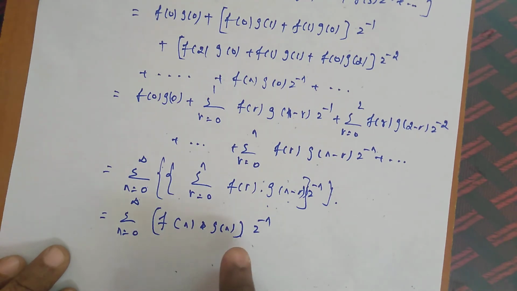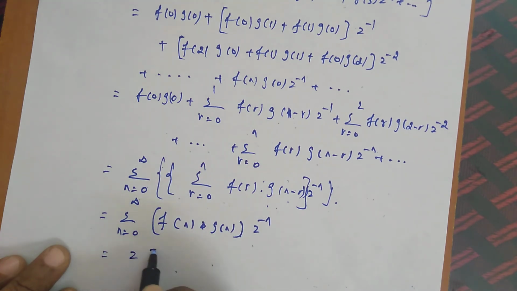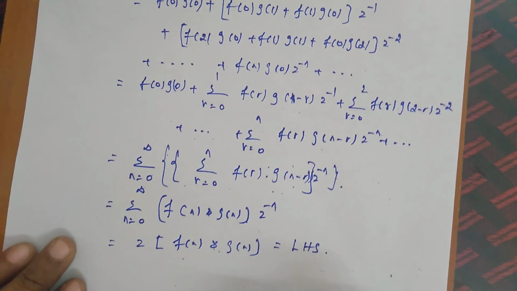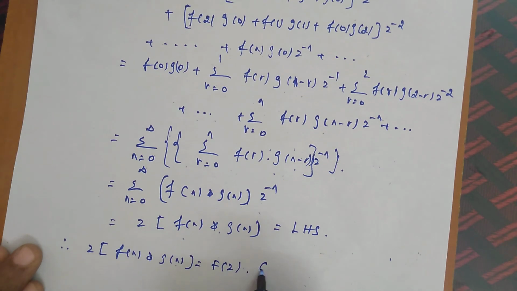Now applying the Z transform definition, this is nothing but what? Z transform of f of n star g of n. So this is nothing but our left hand side of the theorem. Therefore Z transform of f of n star g of n equal to F of z into G of z. This is the proof of convolution under Z transform.